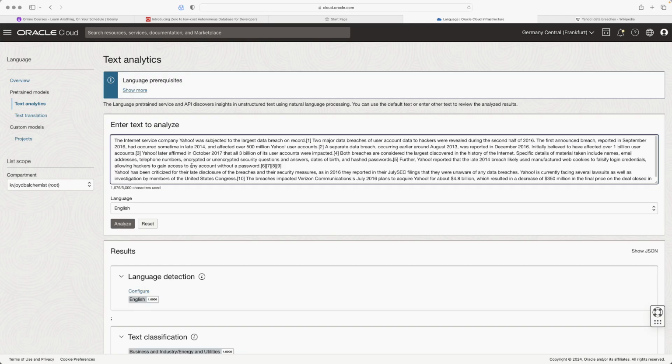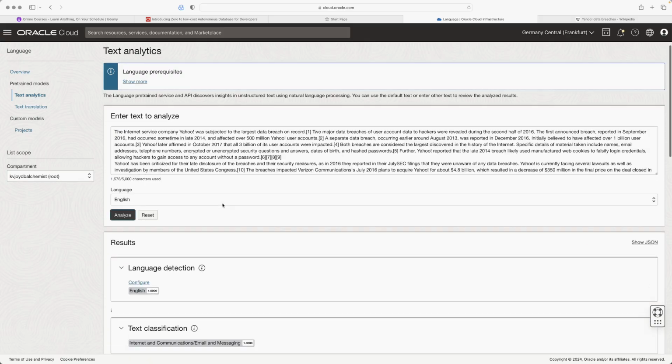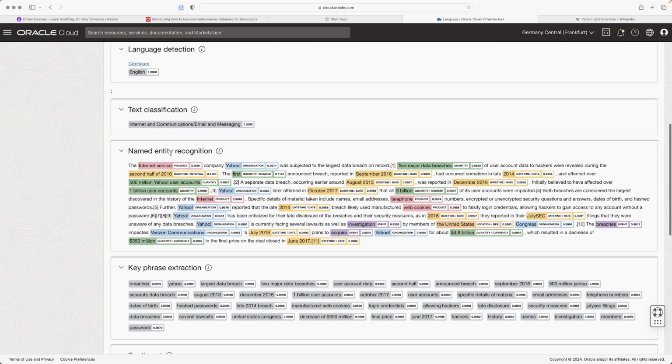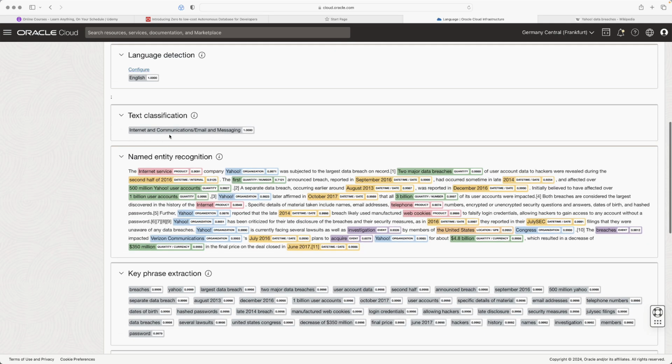I've just taken a quick article from Wikipedia, based on the Yahoo data breaches, or the cyber attacks that happened on Yahoo. If I analyze this text, let's see what happens. You can see that it was able to figure out that the classification is related to internet and communication or email messaging, and it figured out, yes, my organization is Yahoo. There were two major data breaches, right?